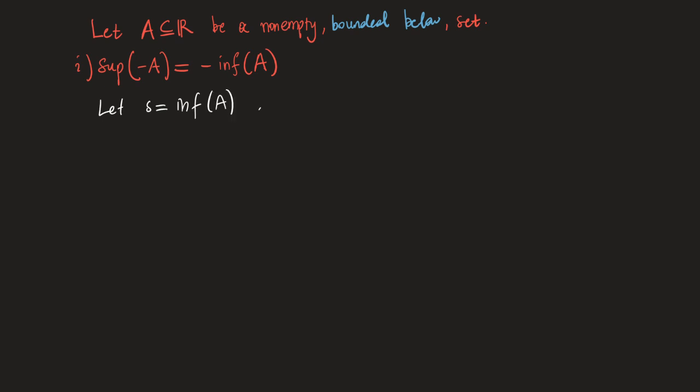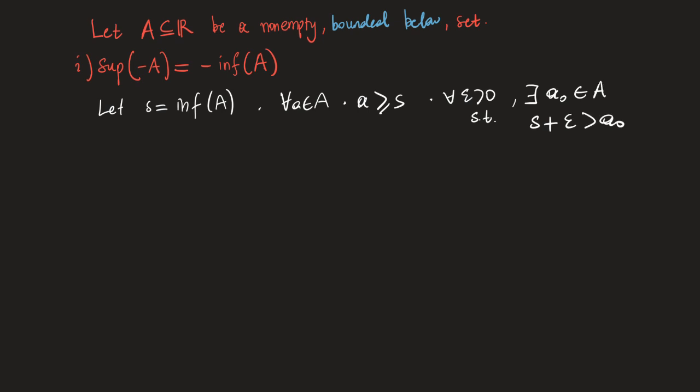Then by definition, every a in A is bigger than or equal to this infimum, right? And for every positive epsilon, there exists a0, let me say, in the set such that if you sum the infimum with this epsilon, you will get a bigger number than a0.